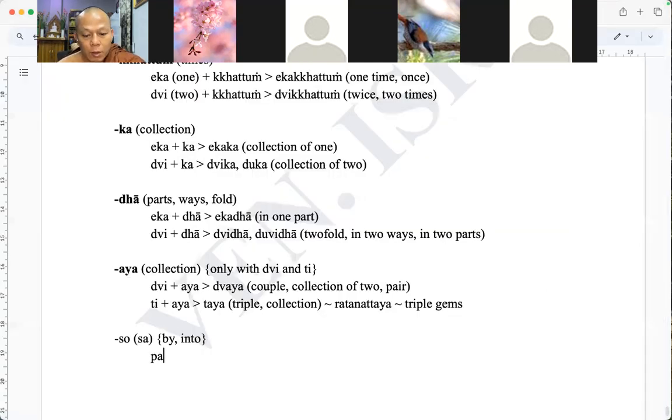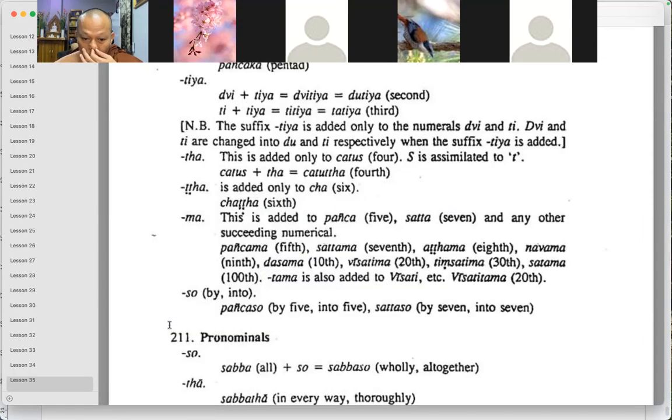So pañca and the so, pañcaso, means by 5 or into 5.